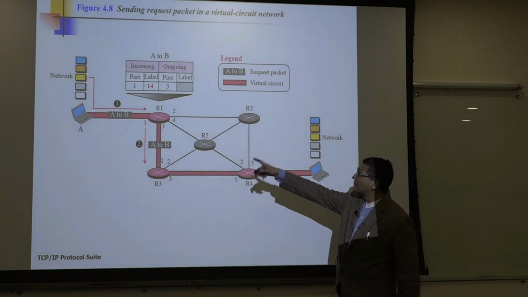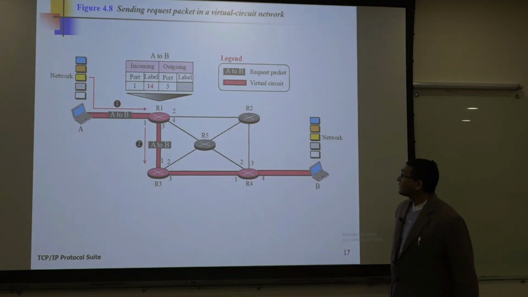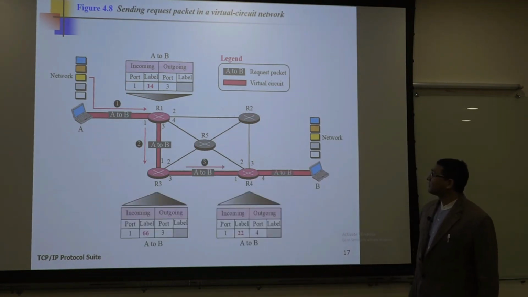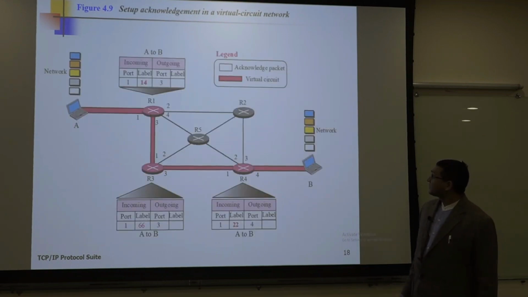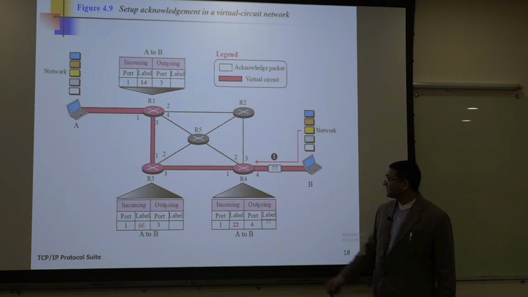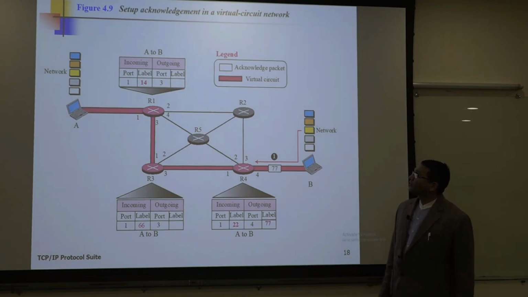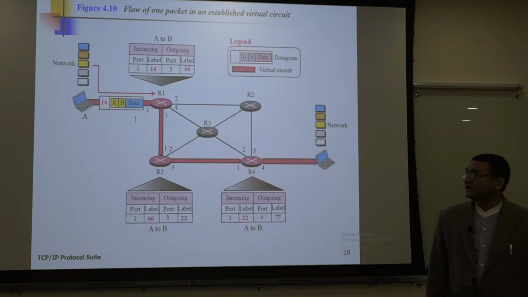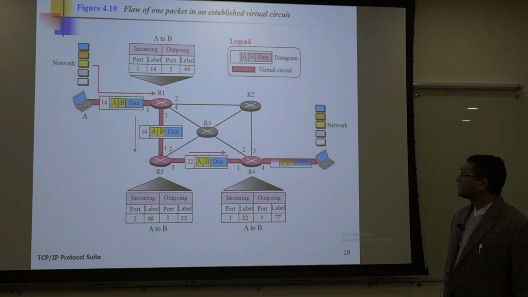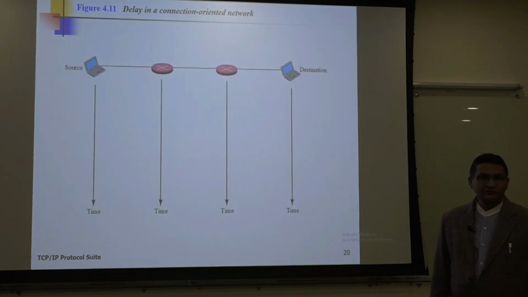If the packet is delivered from A to B, these entries are made, and when it reaches the receiver, the receiver replies with the acknowledgement packet, which returns the label, and this is inserted in the table. So once this table is ready and the path is established, they can transfer the data. This we have already covered, right?